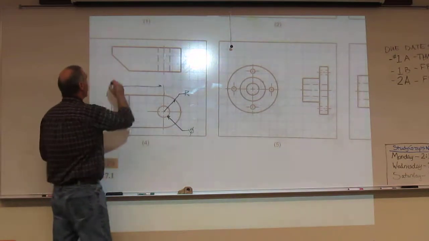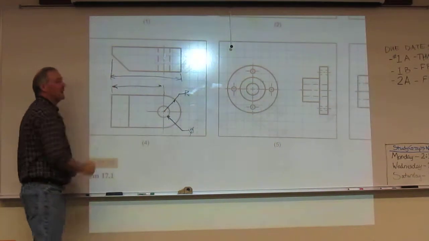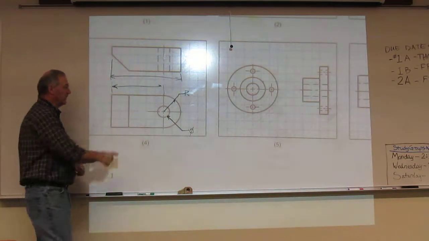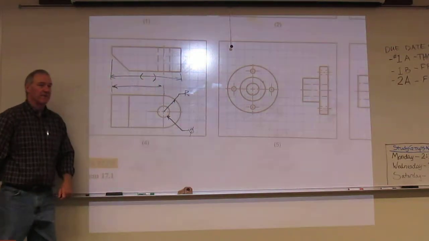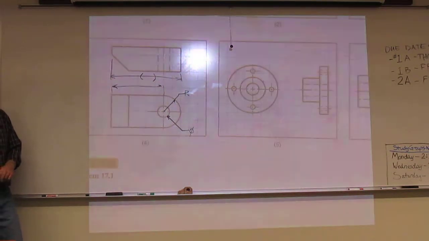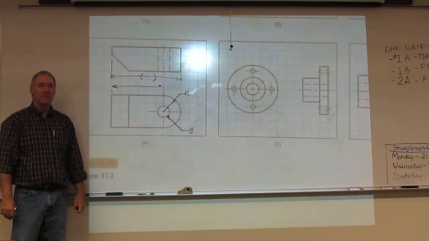Be careful, don't come in here, Ben, and do this. Can I do that? That's a double dimension, because I've got the length here and here. If I do that, that should be a reference. I'm telling the reader this is unnecessary. But it'd be a nice one to do, because this thing's going to be packaged in some form or fashion, probably.